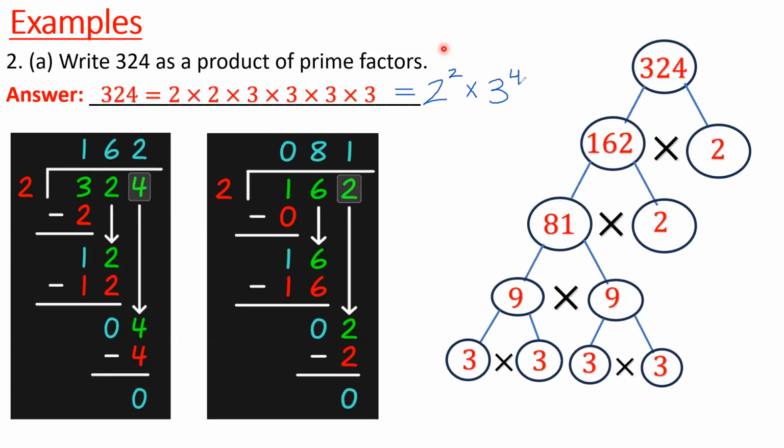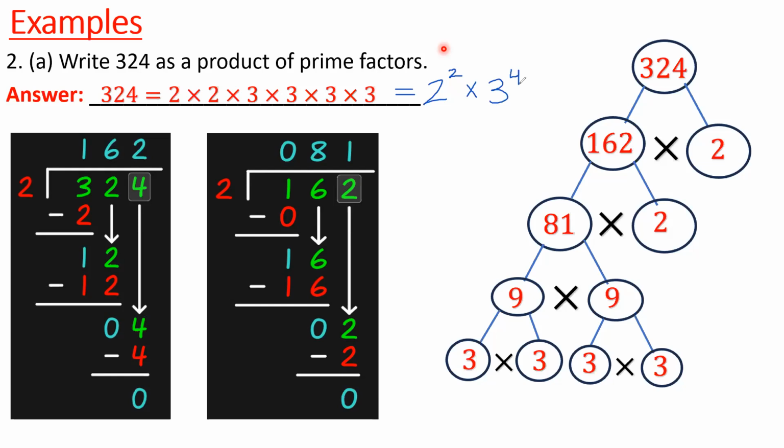And 81 times 2 gives you 162. 81 isn't an even number, but it can still be broken down by 9 times 9. 9 times 9 isn't an even number, but it still can be broken down by 3.